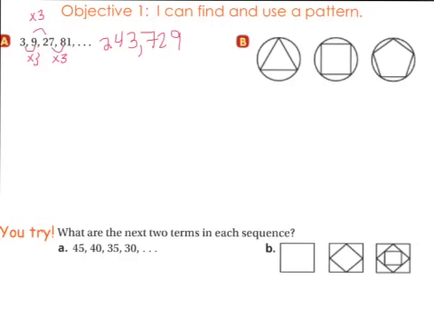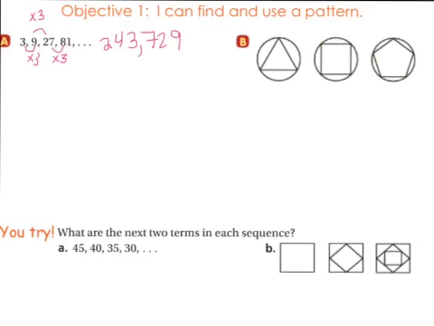Alright, so let's look at problem B. Here we want to identify the next 2 terms in our sequence. We see that we have a circle in each of our shapes, but then the polygon inside is a triangle, then it appears to be a square, and then it appears to be a pentagon.